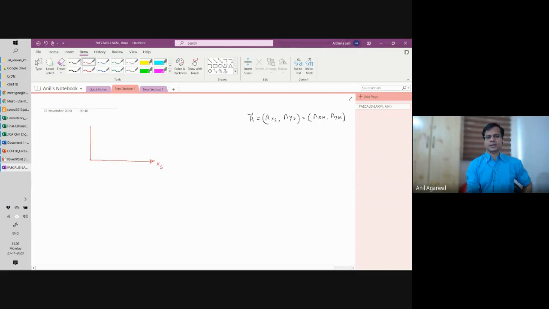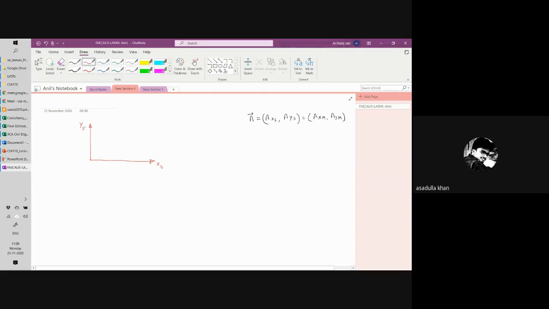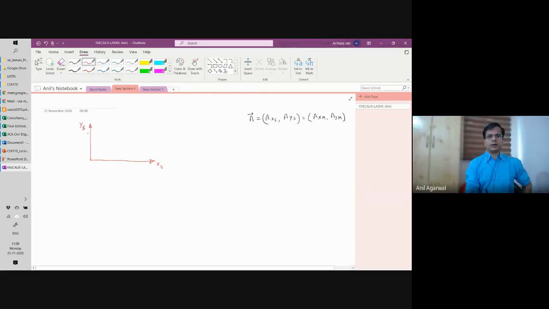So let us say we have some coordinate system. I'm calling it XS, YS. Can you see this screen where I'm writing right now? Yes, sir. I'm calling it XSYS, where S stands for structural, but you can just think of it as one coordinate system. What is the direction of Z? Z is in the out of the plane direction. You can imagine the right hand rule.